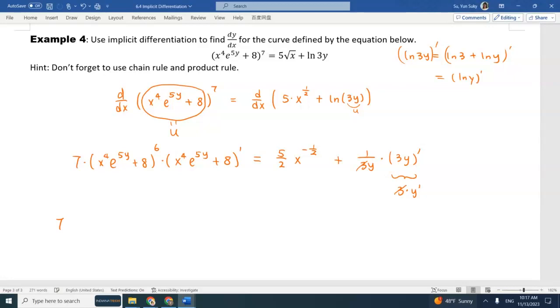So we have 7 x to the 4th e to the 5y plus 8 to the 6. Here, the derivative of 8 is 0, right, everybody? But the derivative of a product, you need to do product rule. What's that, Dylan?